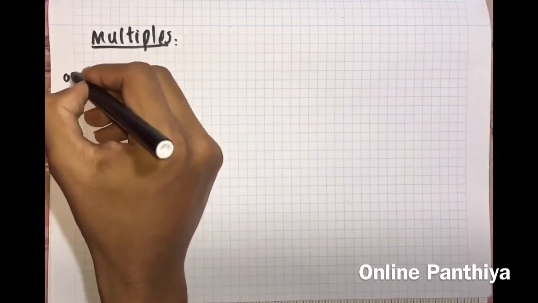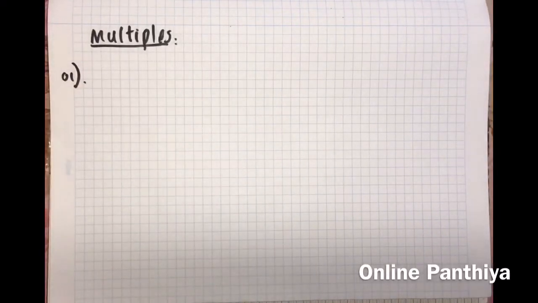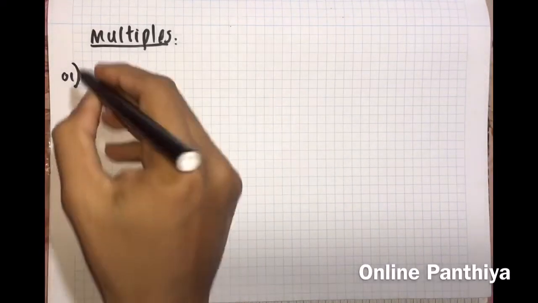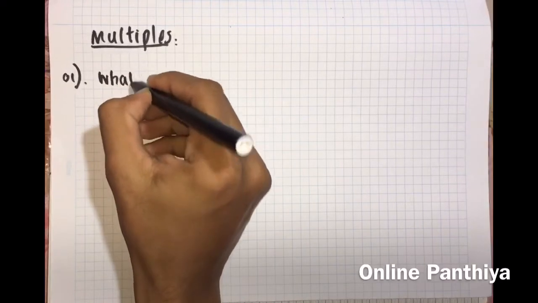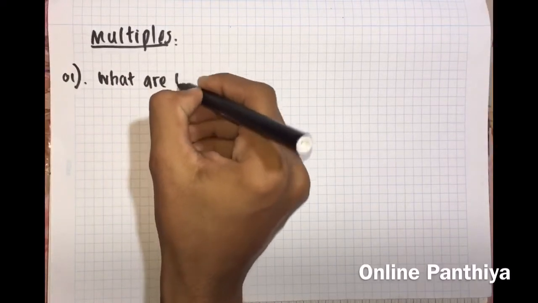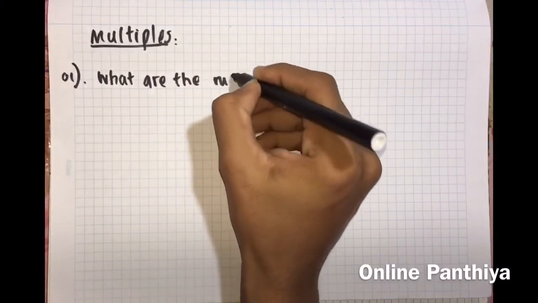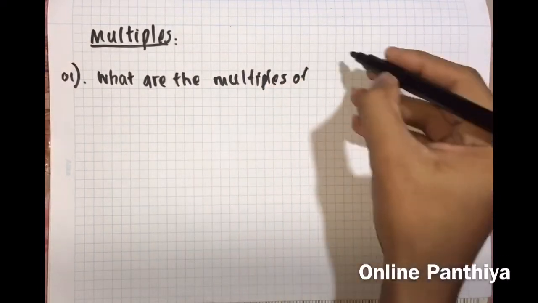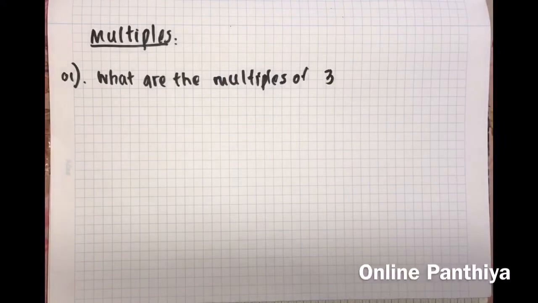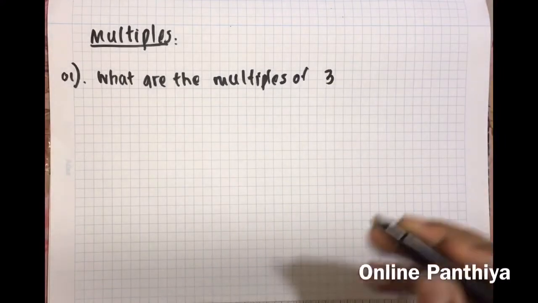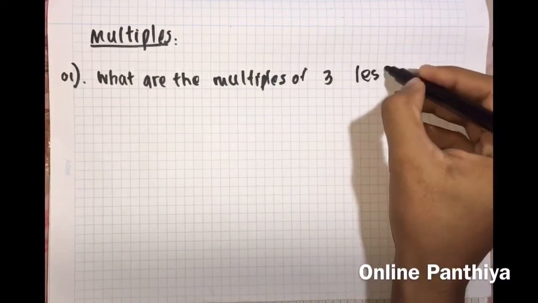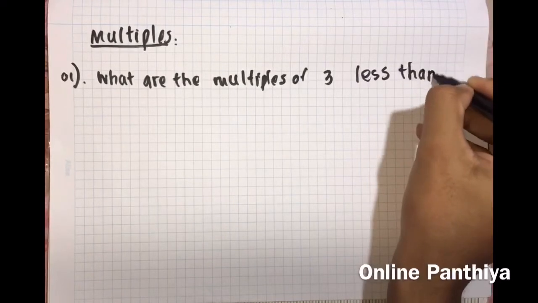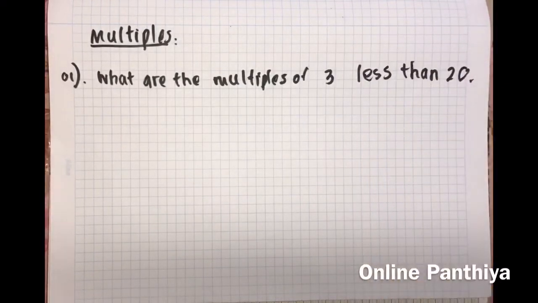The first question, let us assume they ask: what are the multiples of 3 less than 20? Now people might be thinking, what is this multiple about?